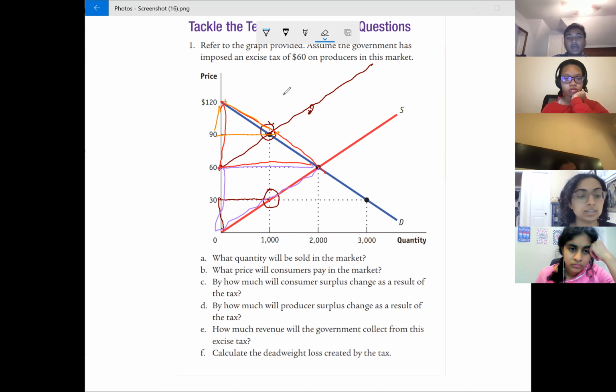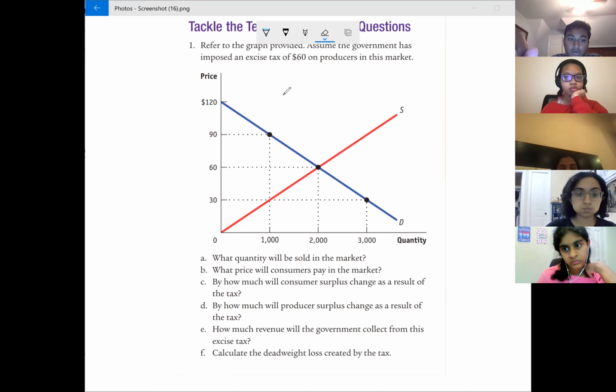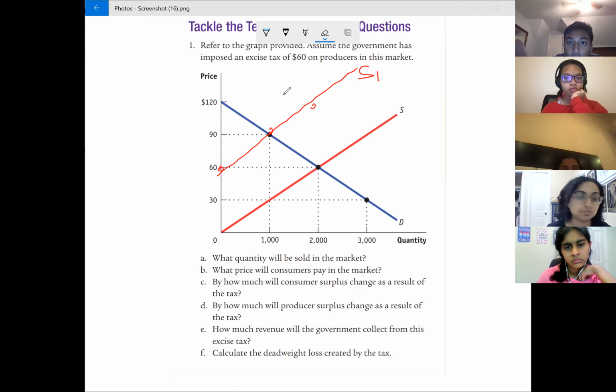Okay, great. Thanks. Yeah. And then now we have to find, for E, it says how much revenue will the government collect? So remember, that's usually the rectangle in the middle of your surplus. So we said that this is our new consumer surplus and that this is our new producer surplus.